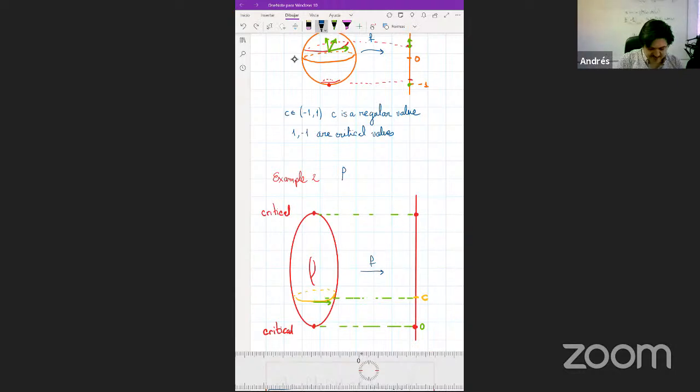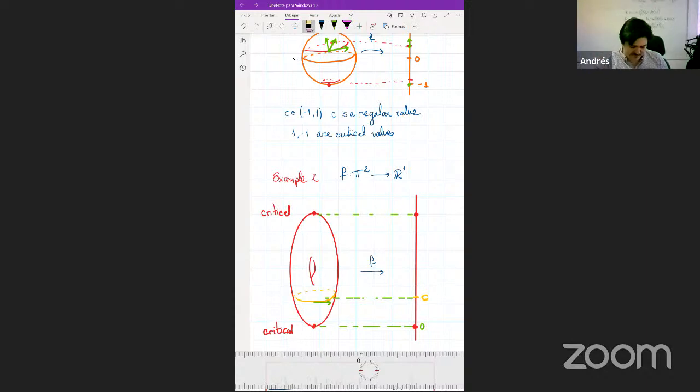Right, so here f goes from the torus to the reals, the reals being one-dimensional. So that C is going to be a regular value of the function.